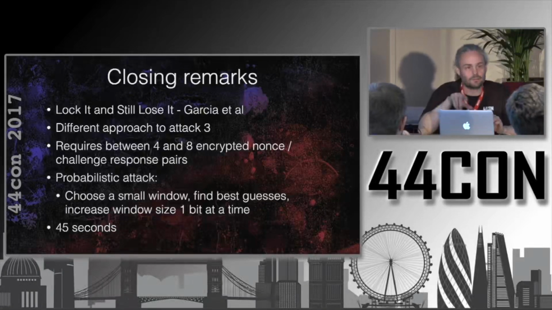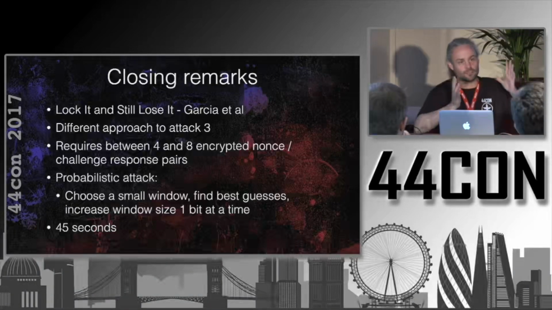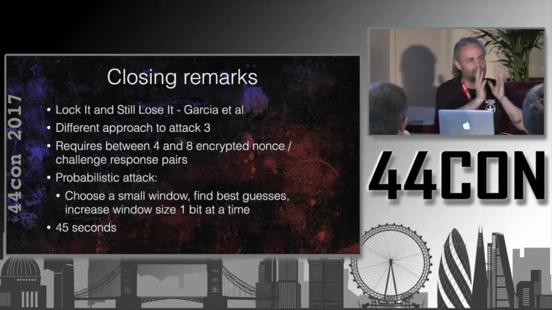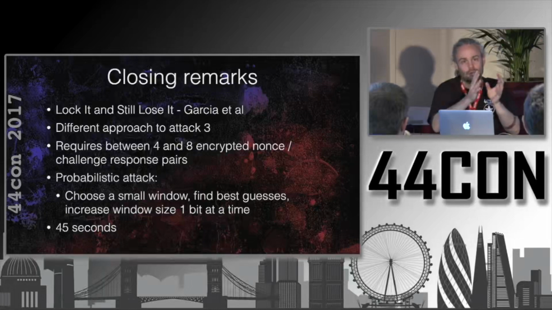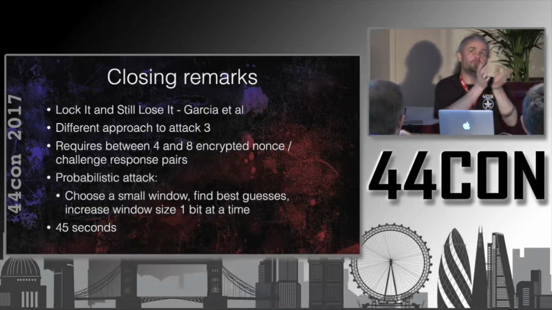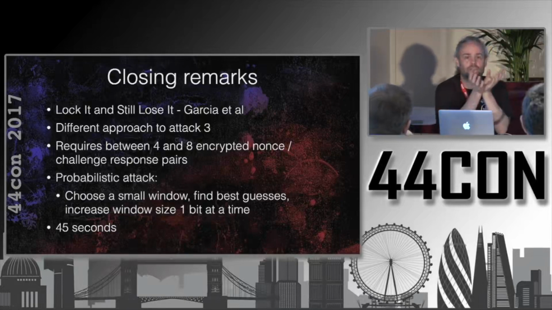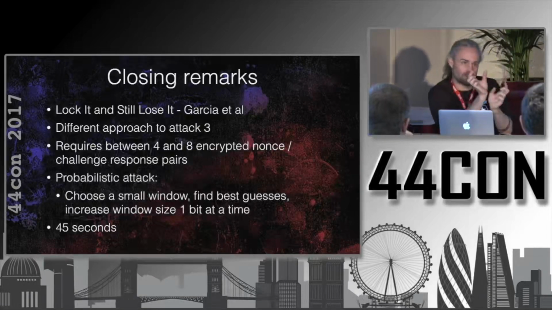It's very similar to the WEP attack. It starts with a guess for a section of the key, and then extends it by 1 bit and works out the best possible candidates. If you start with 16 bits, you've got 65,000 possibilities of what those 16 bits could be.